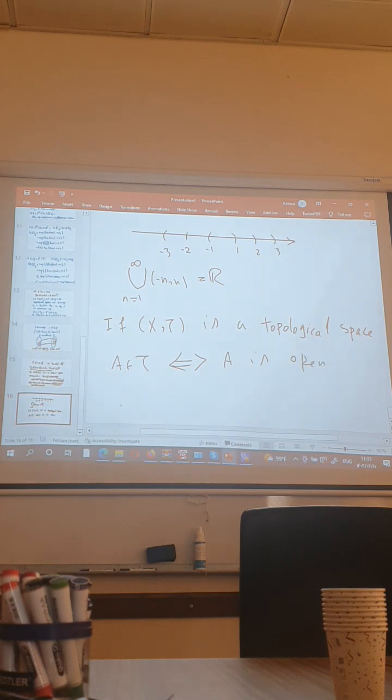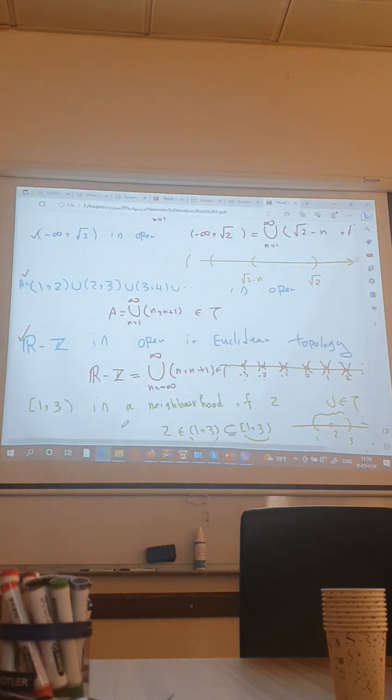And A is closed if and only if the complement of A is open, okay? As an example, this is an open set, so Z must be a closed set. Closed set, okay?